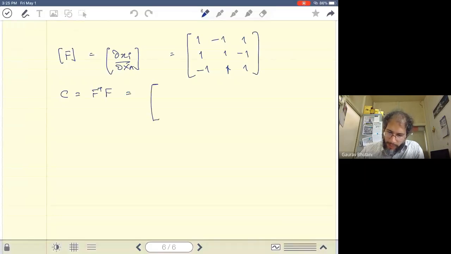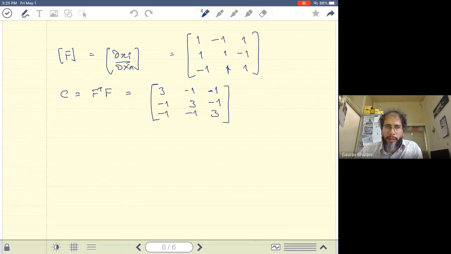So this becomes 3, minus 1, 1, so minus 1. Okay, so this is our Green's deformation tensor, or capital C.